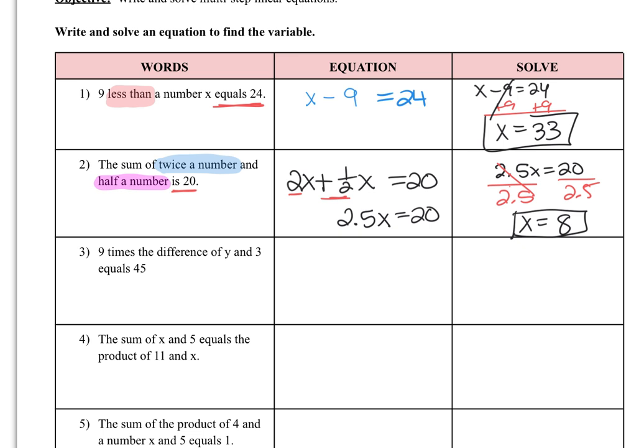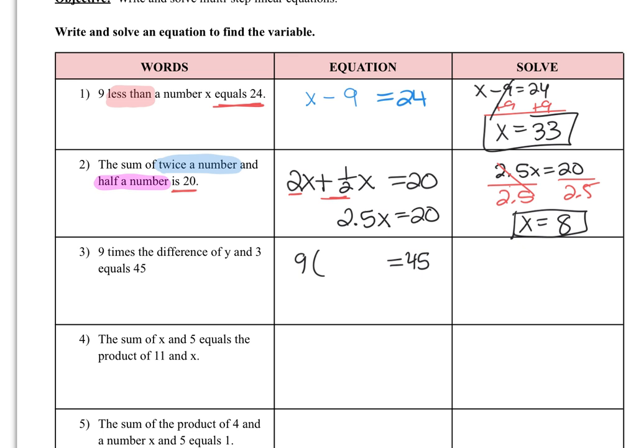Okay, next one. 9 times the difference of y and 3 equals 45. I'm going to go with my equals 45 because that's my easy go-to. All right, is something equals something. 9 times, so multiplication happening there. 9 times, so I could put a dot or I could put parentheses.